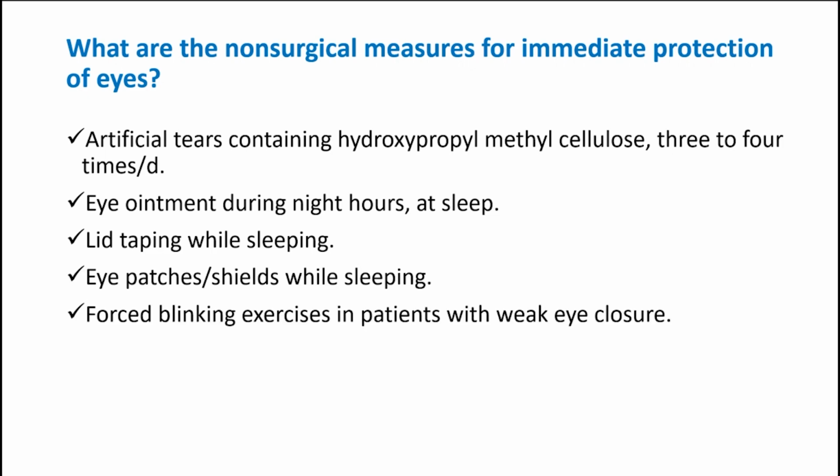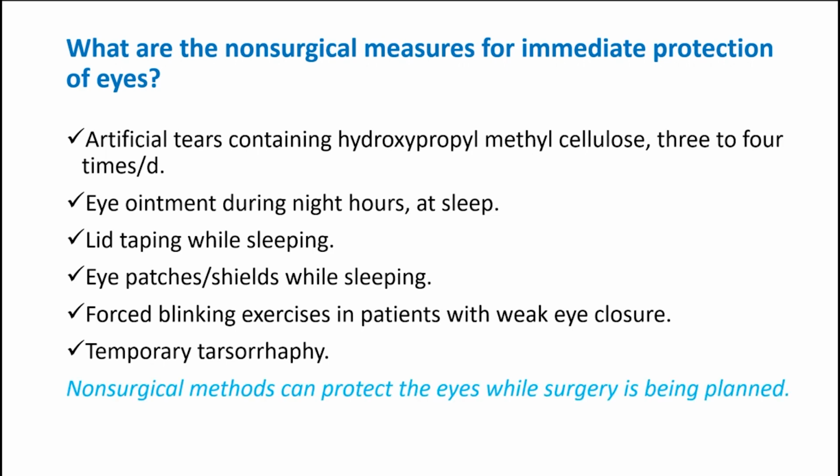If there is only a weak eye closure, then the patient should be taught forced blinking exercises. And sometimes the exposure is so severe that there is a risk of exposure keratitis, then you must go for temporary tarsorrhaphy. But remember that all these non-surgical measures are towards protecting the eyes while you are preparing the patient for surgery.